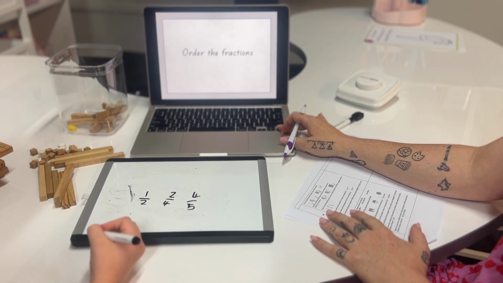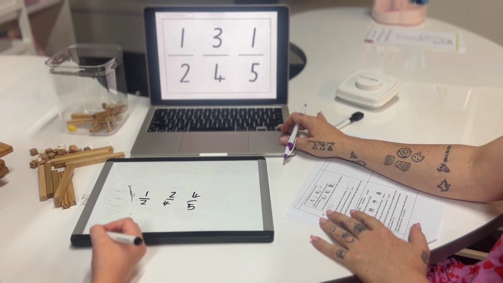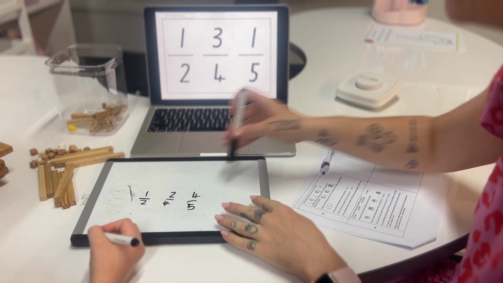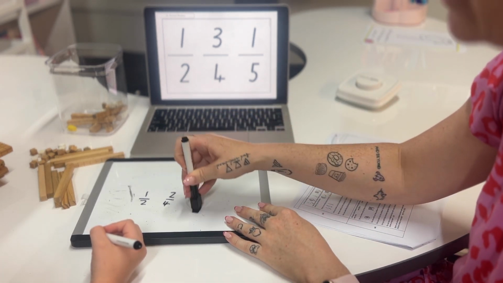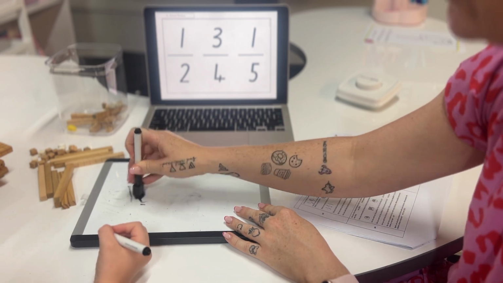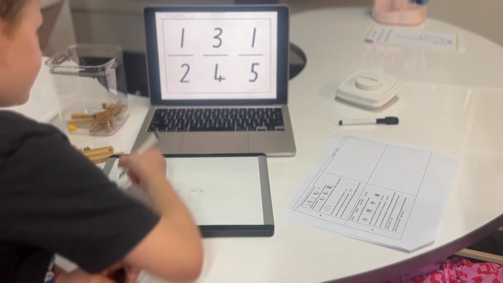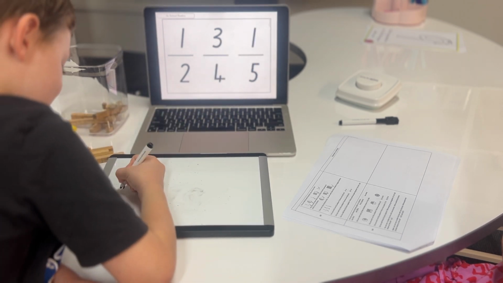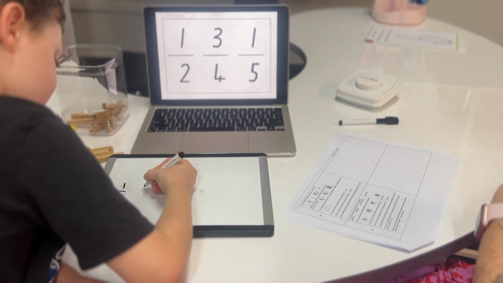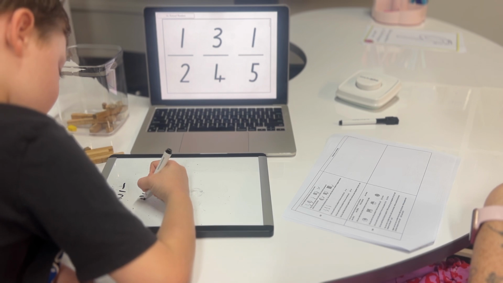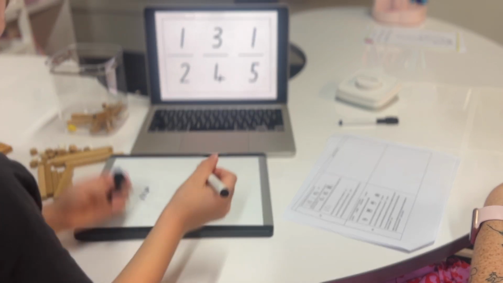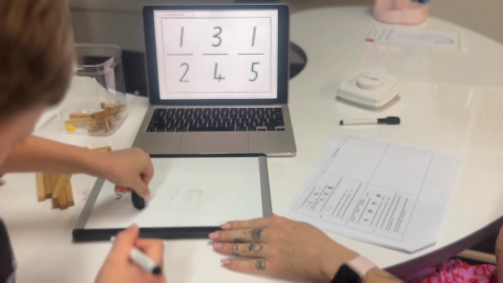Now this one is a little bit trickier. Can you write these on your whiteboard in order from the smallest fraction to the biggest fraction? Yeah. It's just in order. Yep, no worries.